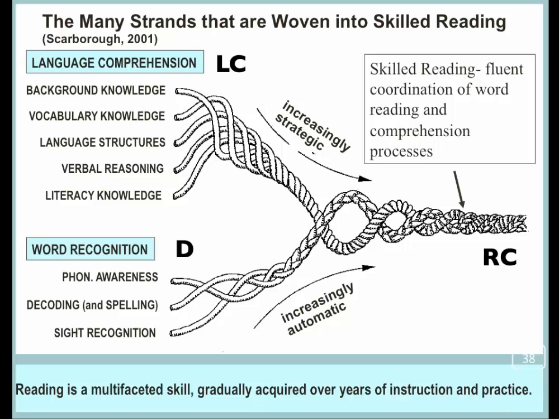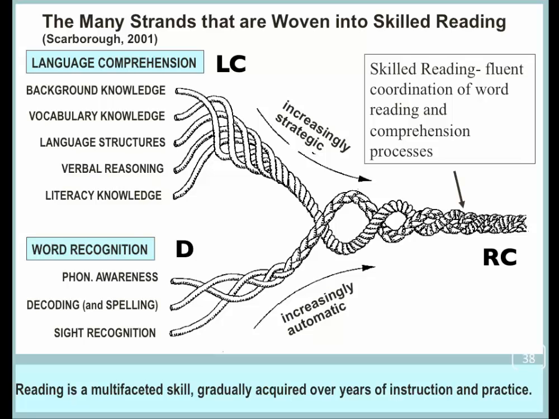I don't think I've ever given a talk without showing this slide. Hollis Scarborough developed this model to convey how complex reading is. And there are 2, I think, important points here, that skilled reading requires a coordination of 2 major components. The first is skilled readers have to have good language comprehension.